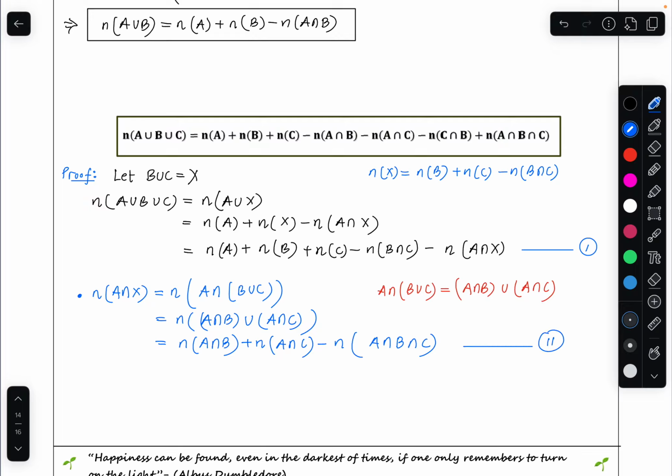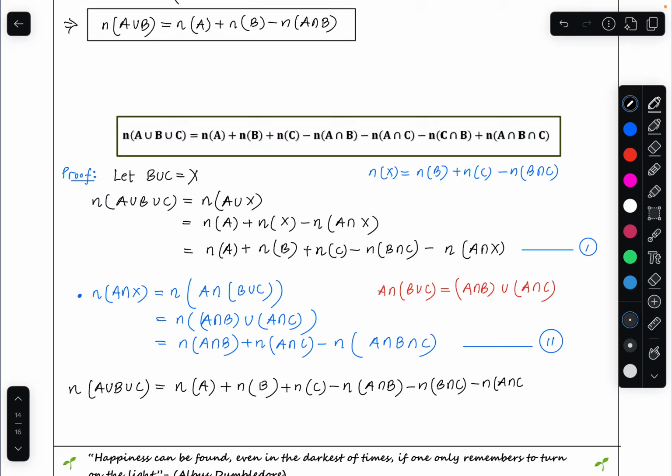Equation 1 gave me one relation, equation 2 gave me the other. Now when I combine these two results, I get the desired relation. The relation is: number of elements in A union B union C is equal to number of elements in A plus number of elements in B plus number of elements in C, minus the number of elements in A intersection B, B intersection C, A intersection C, and lastly plus the intersection of them all.